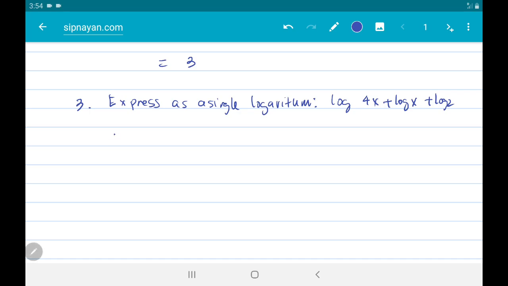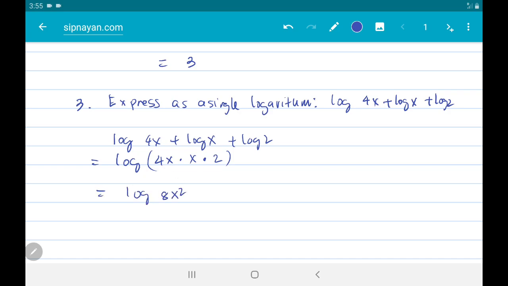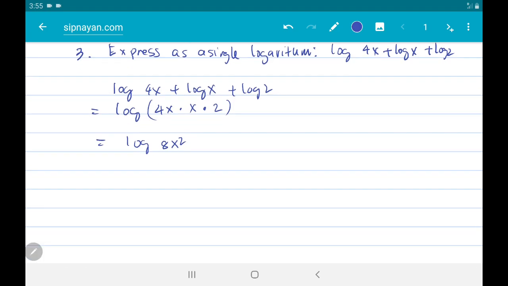So this is logarithm of 4x plus logarithm of x plus logarithm of 2 is equal to logarithm of 4x times x times 2, pwede multiply pag sum, which is equal to logarithm of 4 times 2 is 8, 8x squared.